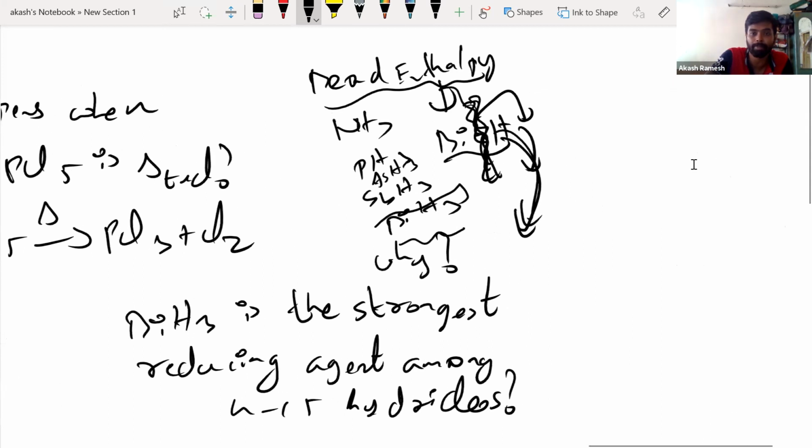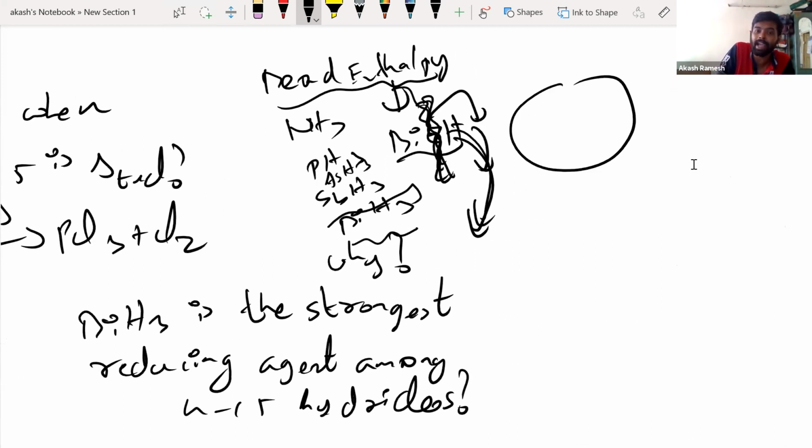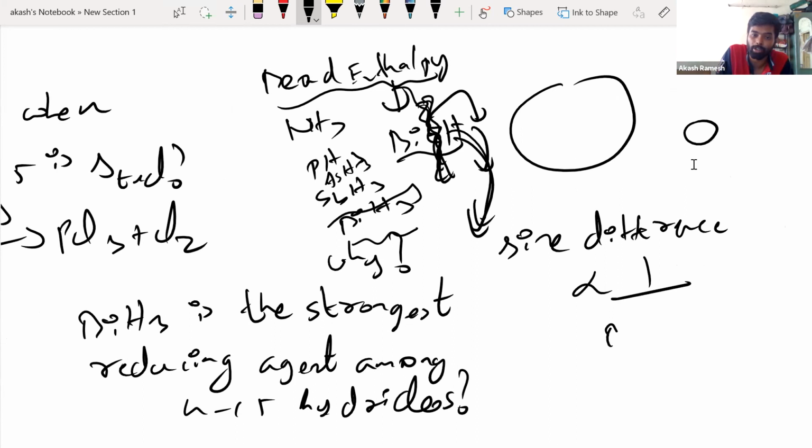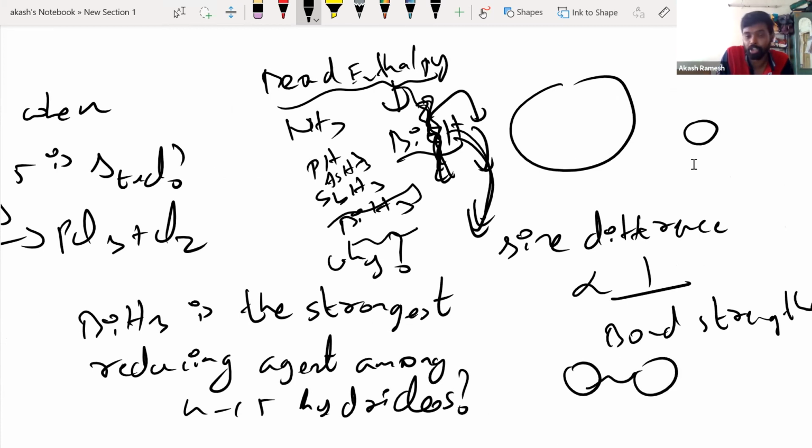Now always remember, people, when I have a big cation and a small anion, remember the size difference between the bonding atoms is inversely related to the bond strength. If I have a smaller species and a smaller species, stronger bond.